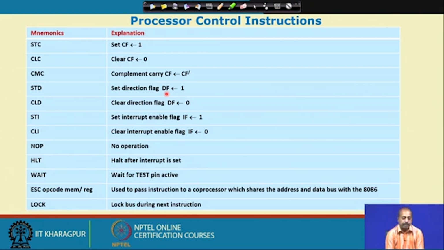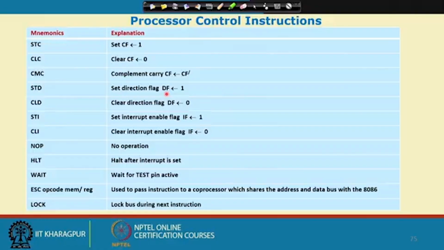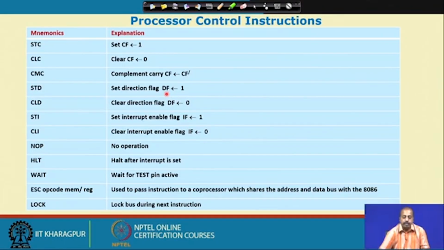So, if it finds that the escape bit is set, that the opcode has an escape part, then it will understand that it is for the coprocessor and just pass the instruction to the coprocessor. And there is a LOCK instruction, which will lock the bus during the next instruction.